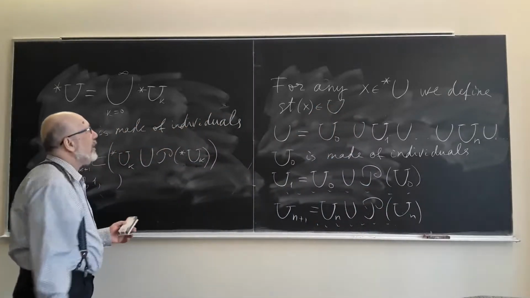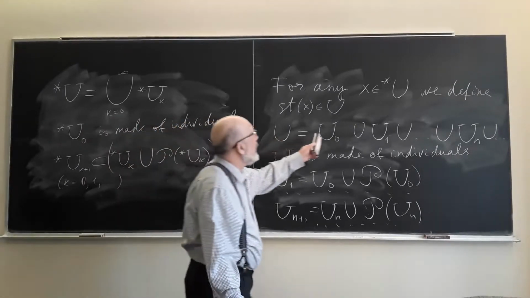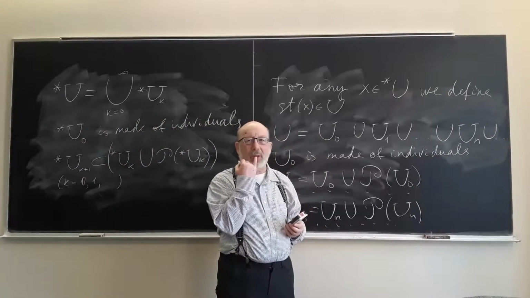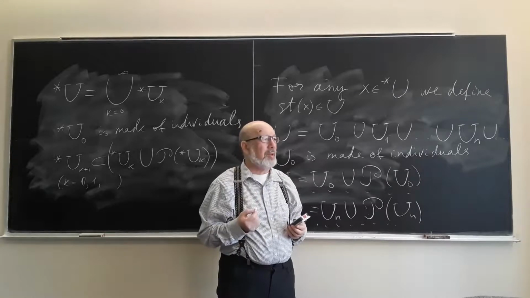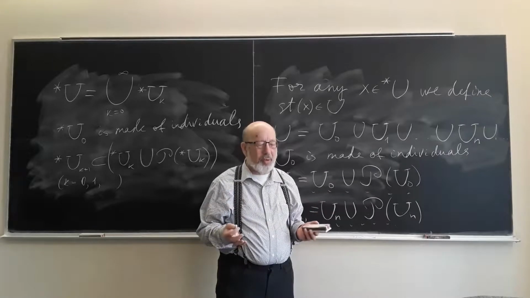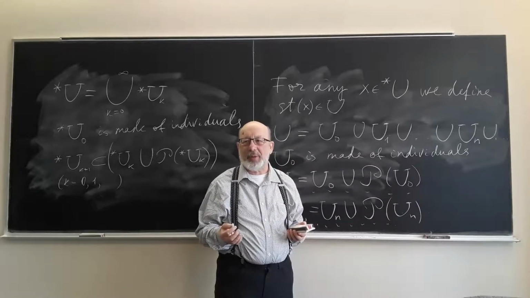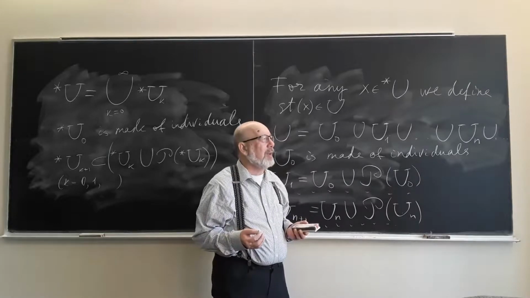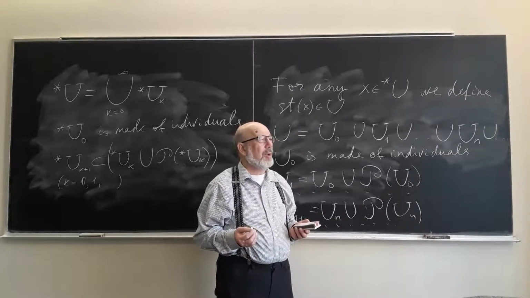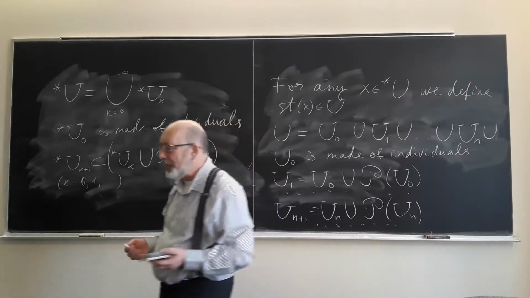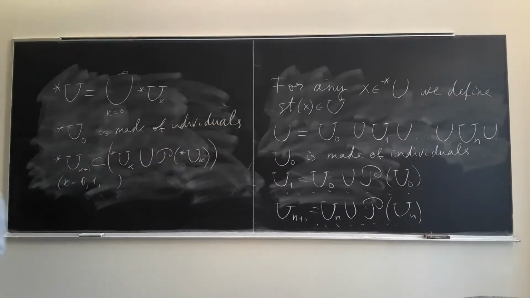What is U0? In general, U0 contains not only real numbers. It can contain different things. For example, it can contain points of some space, say a metric space or topological space. It can contain, if you wish, elements of Hilbert space. Again, it depends on what we are studying.